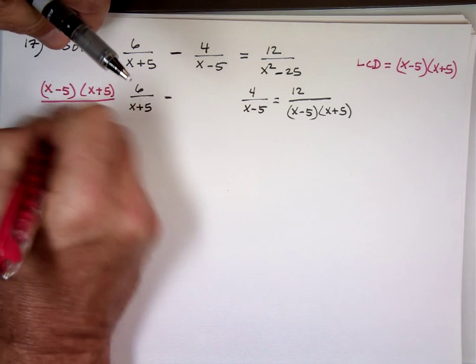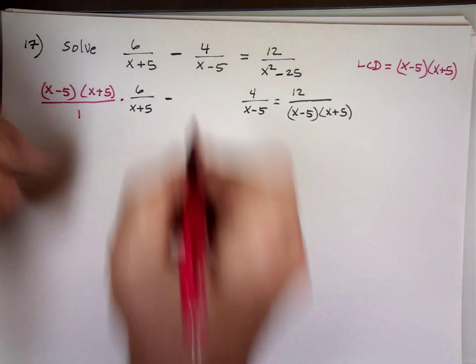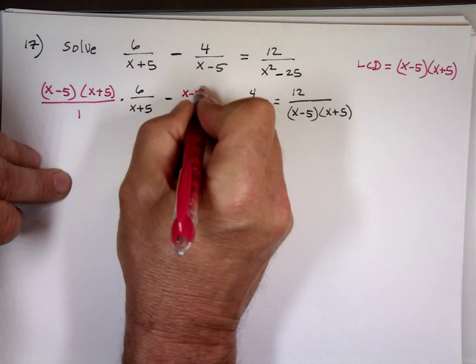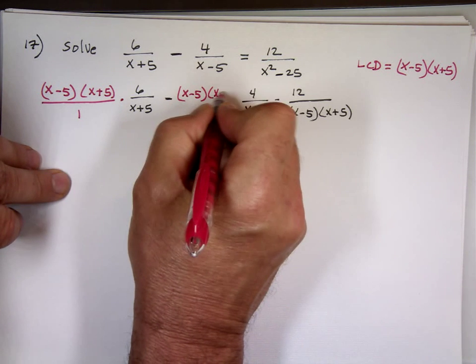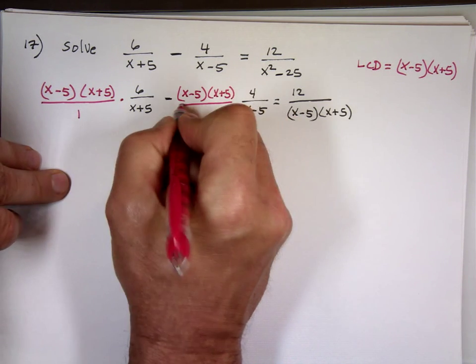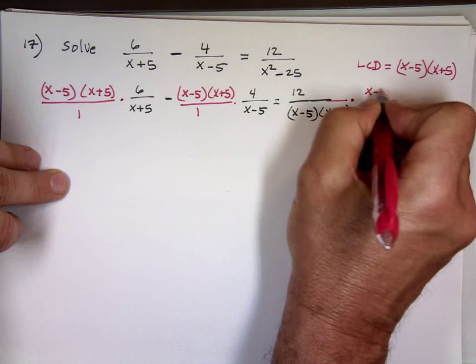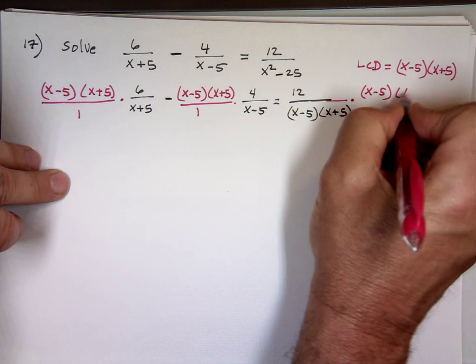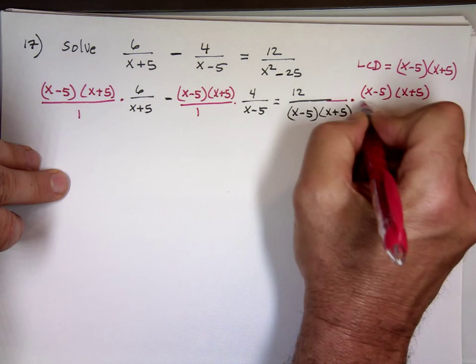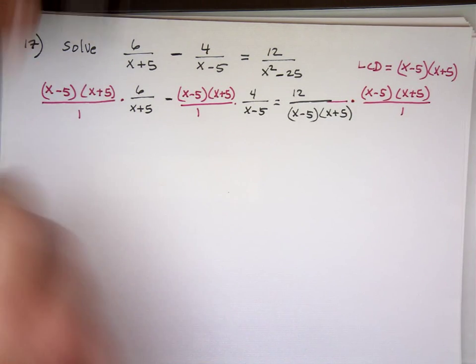That's why I left the space. x minus 5, x plus 5 over 1. x minus 5, x plus 5 over 1. So I'm multiplying every one of them by the LCD.